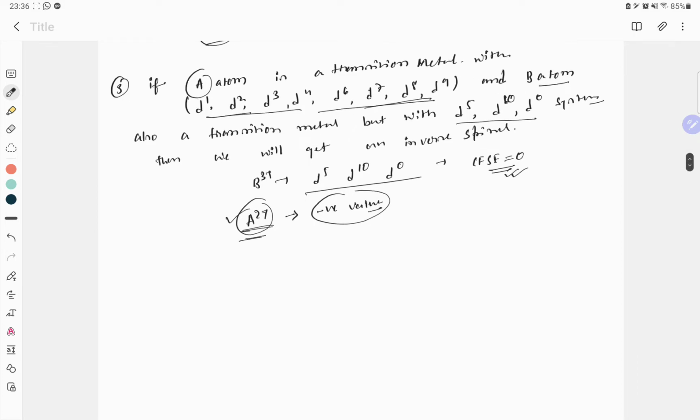If it occupies the octahedral void, then half of the B will go into the tetrahedral void. Then we will get the inverse spinel.